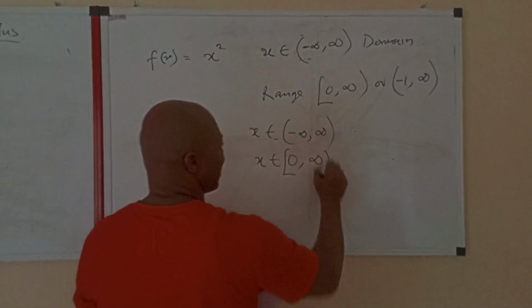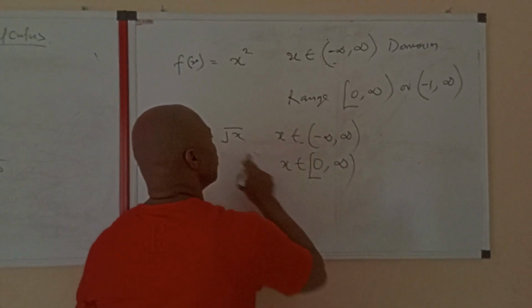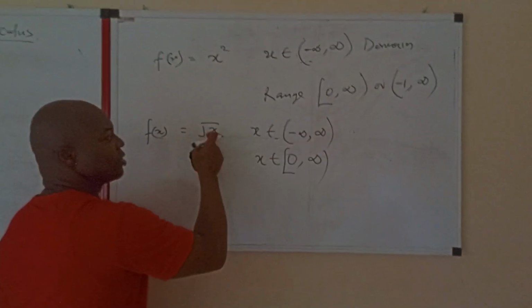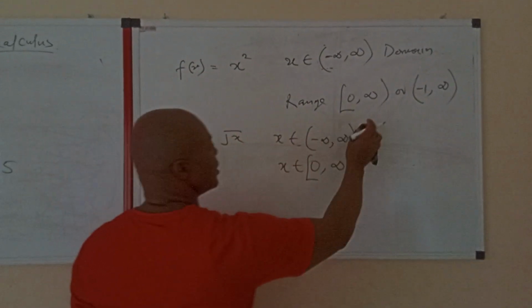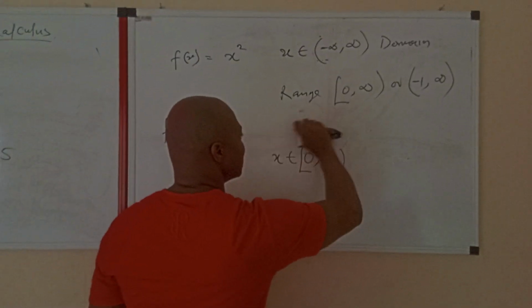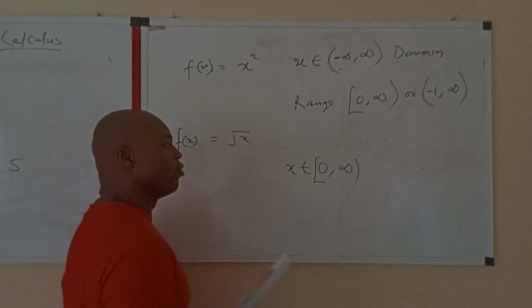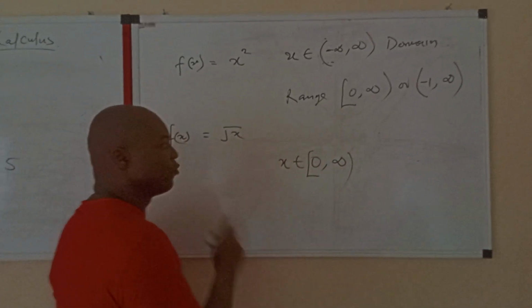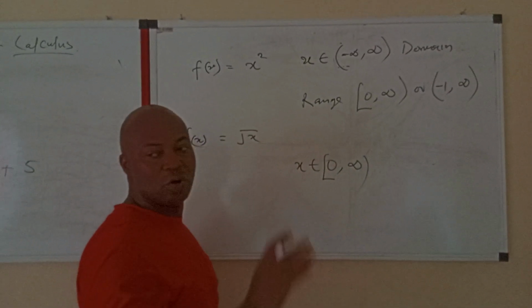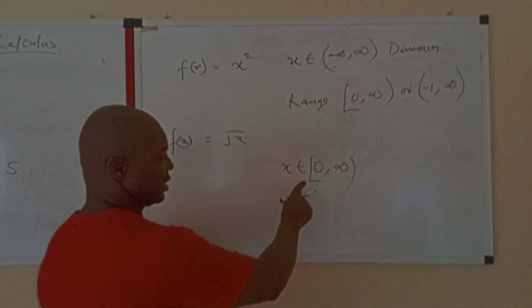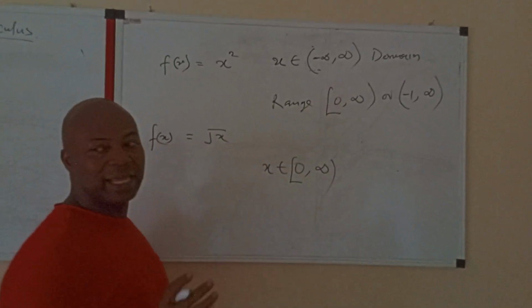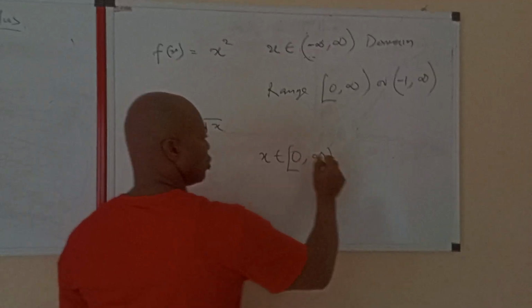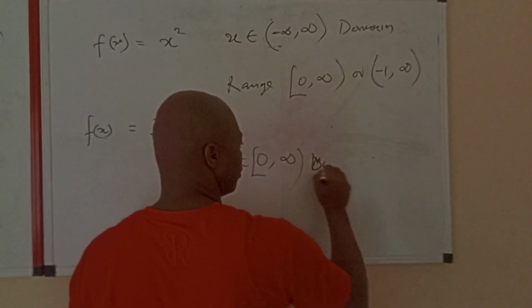Any negative that comes will give us a complex number, so that is not what we need. Our domain, first of all, we assumed the entire real numbers, but we have found out that on the negative side, if you put it, we get complex numbers. So that is not what we need. Instead, this other part is what we need for the domain. So this one now becomes our domain.